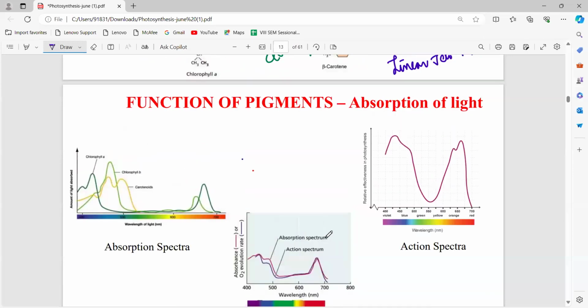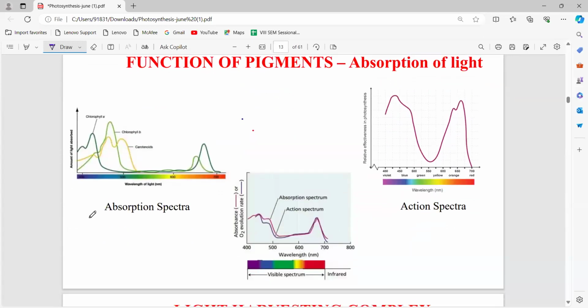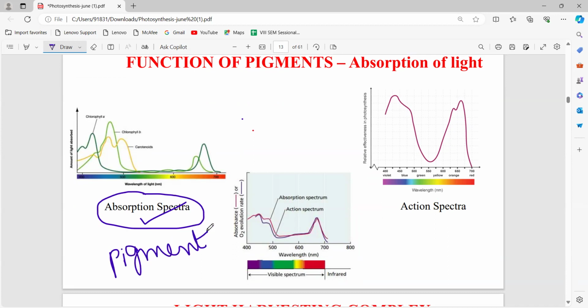I'll tell you in simple words. No point of getting confused. Absorption spectra, understand my words, always explains about the pigment.